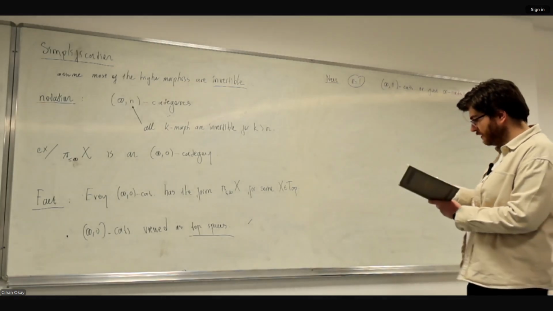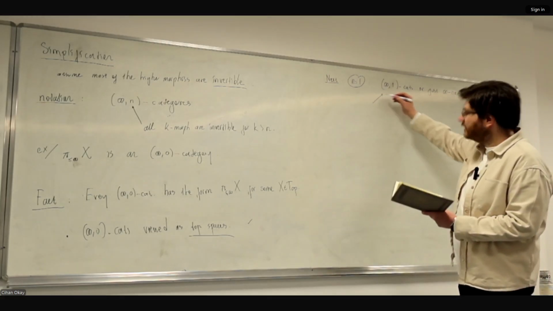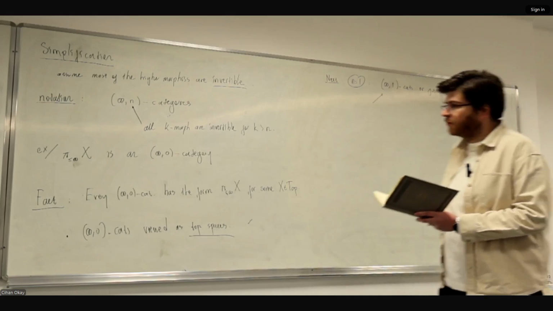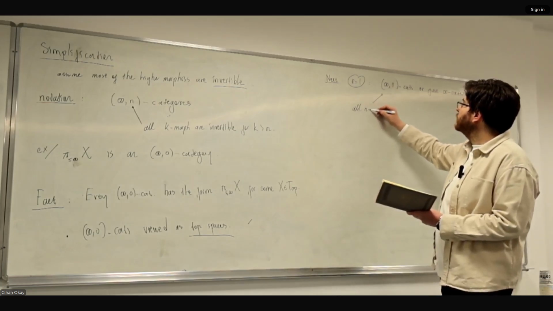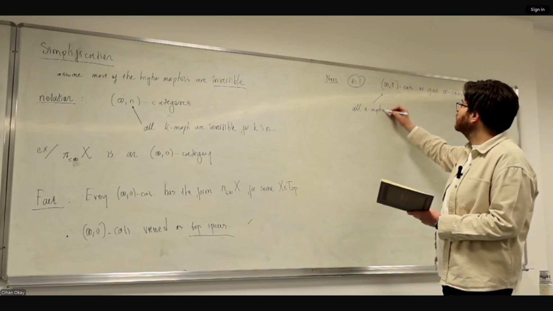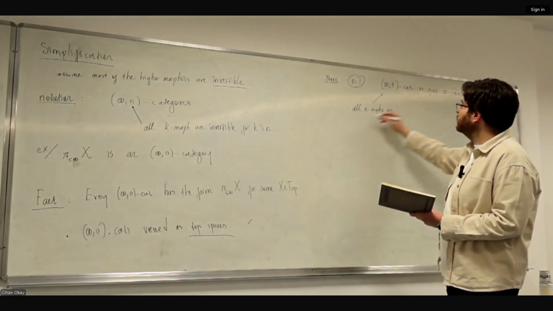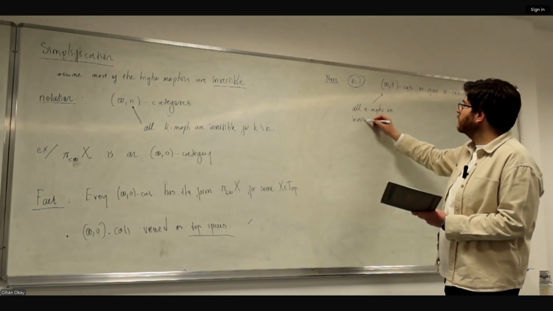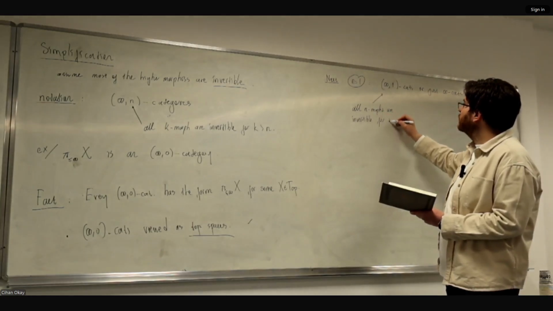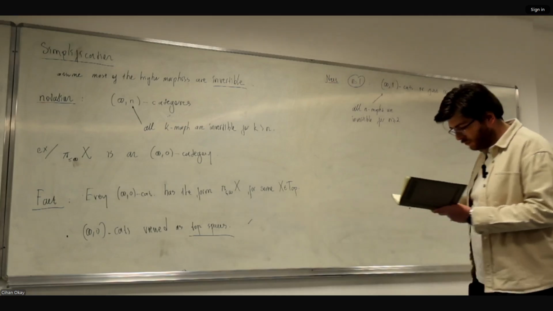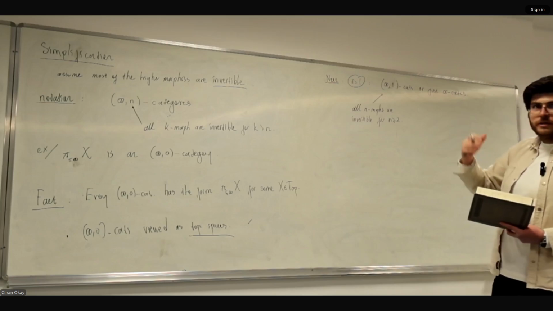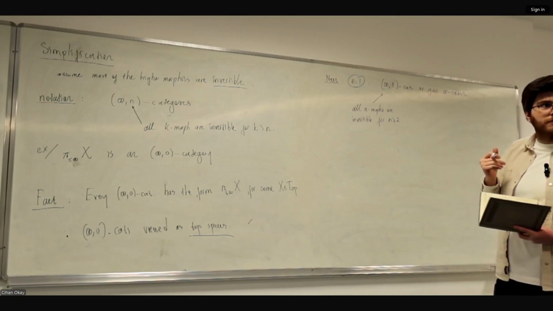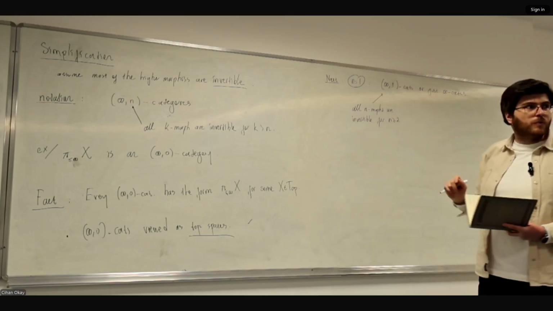So what are the properties of this thing? All n-morphisms are invertible for n greater than or equal to 2. The other way of saying this is that you only allow non-invertible morphisms for n equals 1.